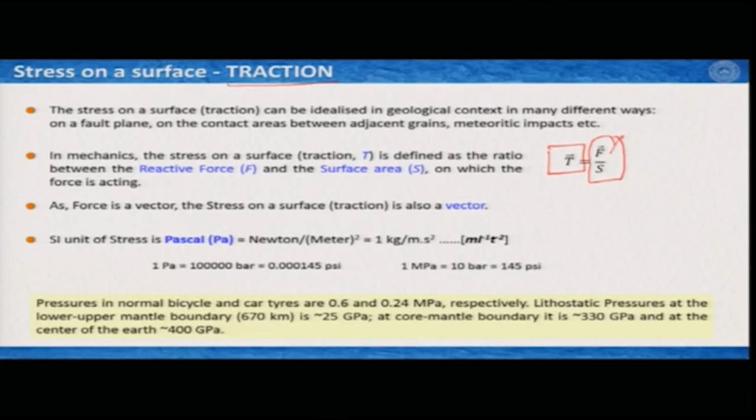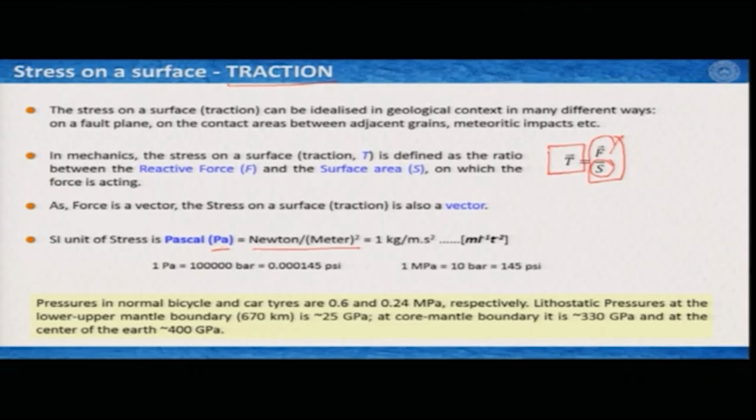Now, because we are dividing the Newton by area, the unit of stress should be Newton per meter square. Okay. Now, this Newton per meter square has a name, and this name is Pascal, sometimes written as Pa.